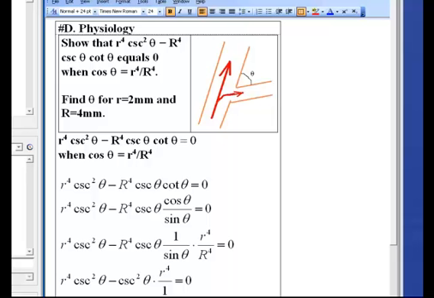And then we're going to come up with cosine theta equals 2 to the 4th power divided by 4 to the 4th power. Comes out to a nice 1 over 16.